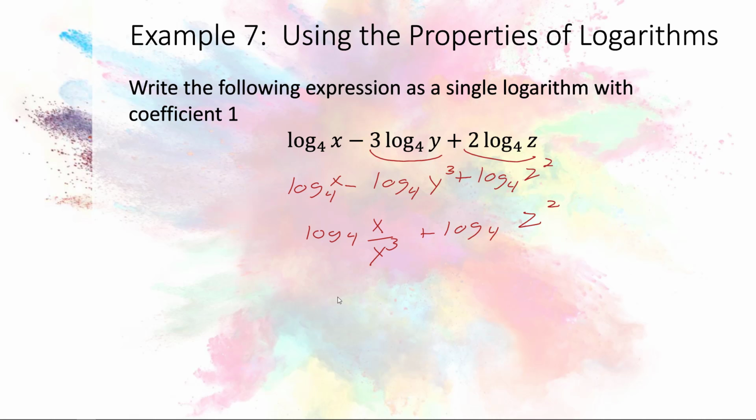And then we can add this in here, and if we did, we would have our desired result, which is log base 4 of x over y cubed times z squared. Or if I wanted to, I could write this as log base 4 x z squared over y cubed, which would be the answer that we would want to put into MML.